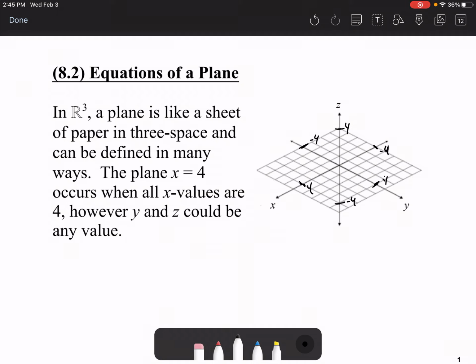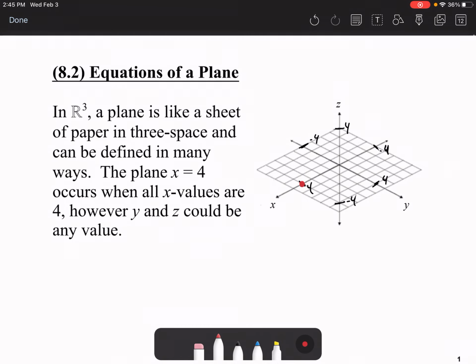Okay, so there's our values. The plane x equal to 4 means your x values are always the value 4, and your y values can be anything, and your z values can be anything.